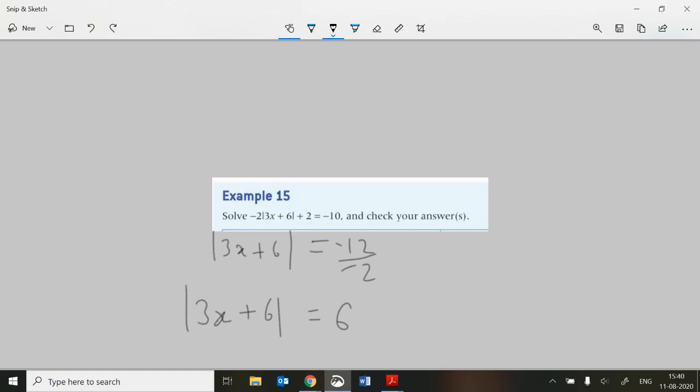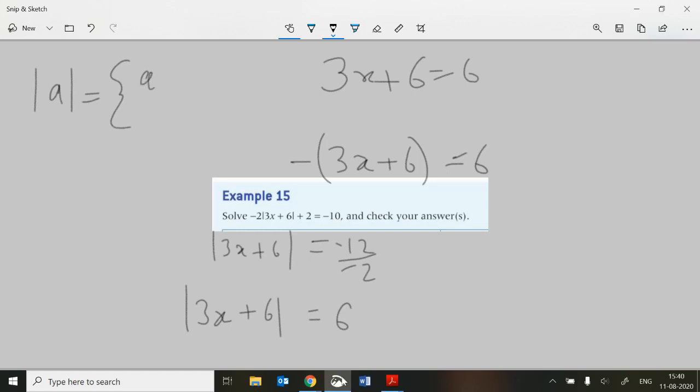And so I'm going to stick with the way in which we did the previous one, which is this general technique: 3x plus 6, the positive of that is equal to 6, and the negative of this is equal to 6. So that's how I'm setting it up according to the definition for the modulus of A.